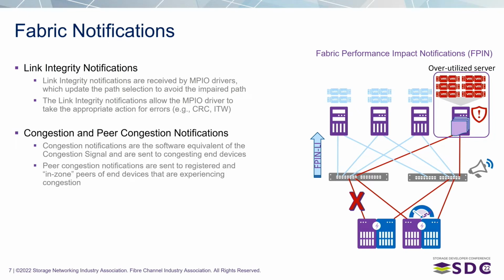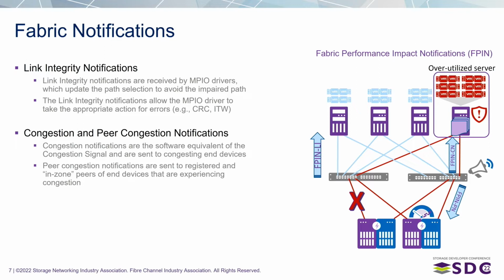For congestion or peer congestion, congestion is occurring at a particular port. And what we want to be able to do is tell the devices that are accessing that port or have access to that port, hey, there's congestion here. We also want to tell that device, you are congested. So the first thing that we'll do is we can send a congestion notification to the congesting device to say, gosh, things are congested here, can you do something about it?